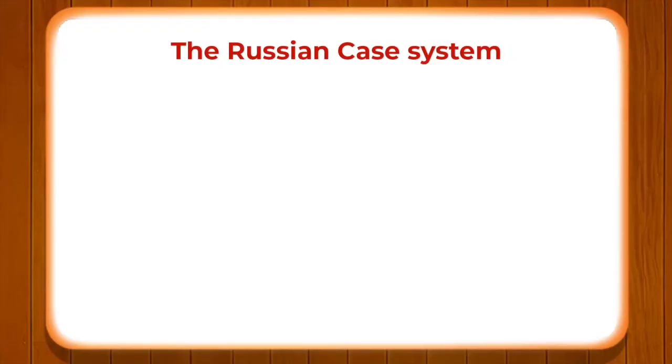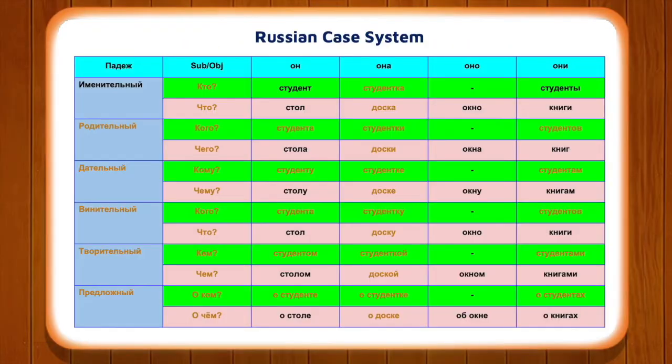The Russian cases. Падеж is the case in Russian. Именительный падеж is the nominative case. Предложный падеж, prepositional case. Винительный, accusative case. Дательный падеж, dative case. Родительный падеж, genitive case, and творительный падеж, instrumental case.